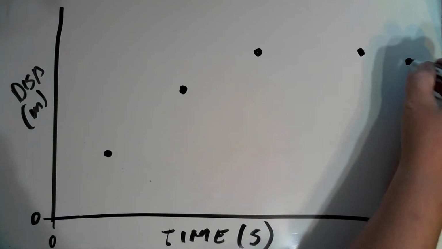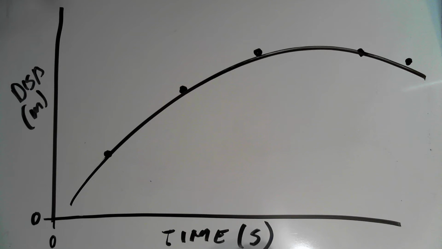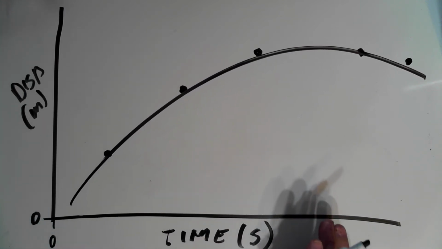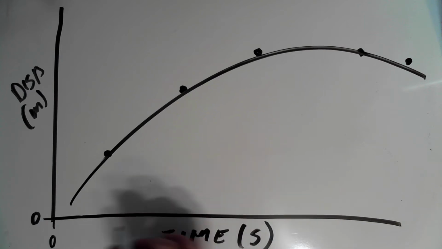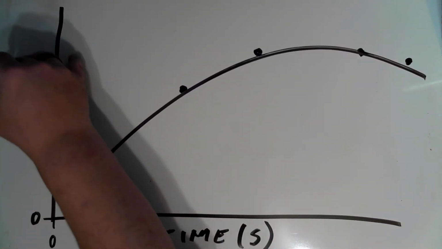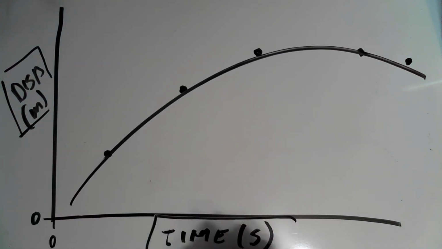And it looks like I've got myself a problem because my data looks like that. Do not force a line other than the behavior of the curve. If this was my graph of distance versus time, actually my graph of distance versus time would look slightly different than this, then your next step is to linearize the data. And how I linearize the data is dealing with either my distance or my displacement or my time.